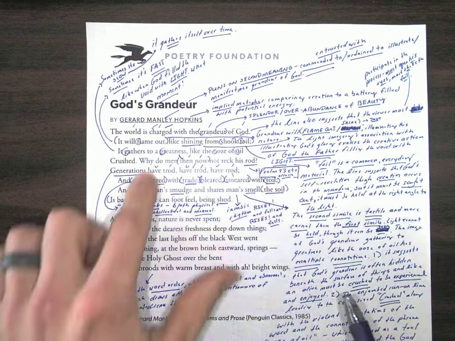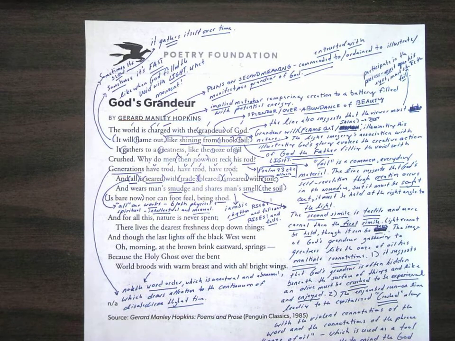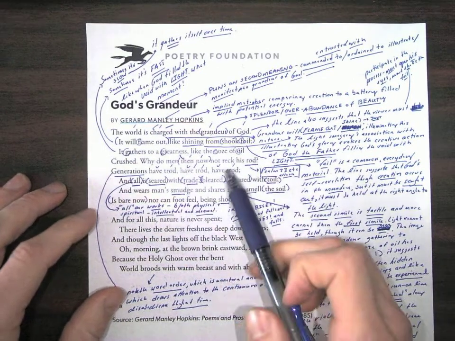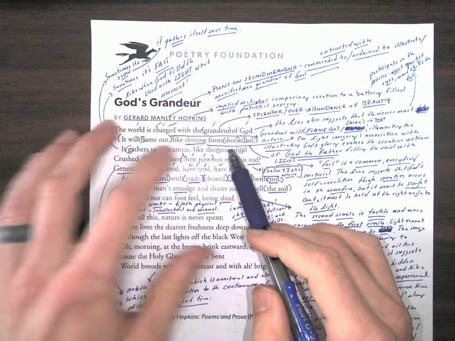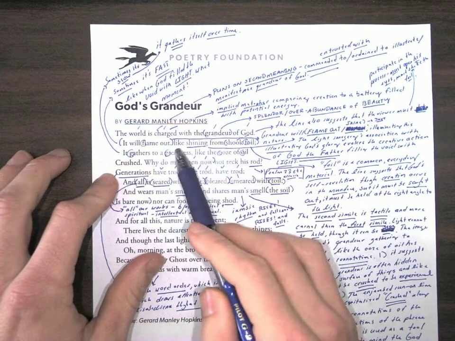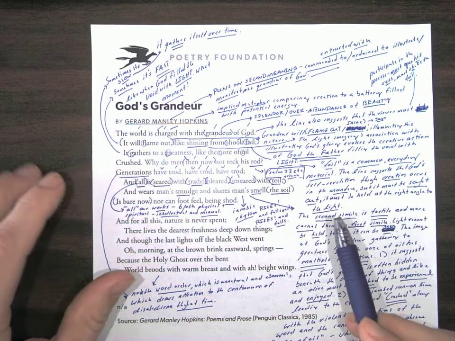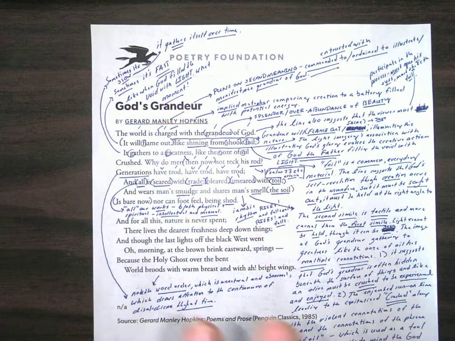And these impressions are sharpened for us with the connotations of these pieces of figurative language, these similes. Sometimes it flames out like shining from shook foil. What that line suggests is that grandeur sometimes flames out or shines, which are juxtaposing words, that illustrate the sublimity of God's self-revelation.